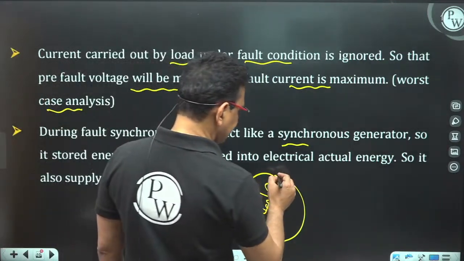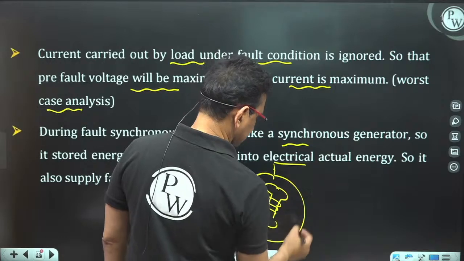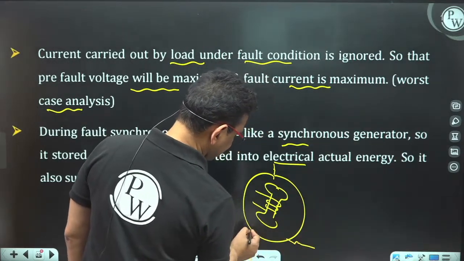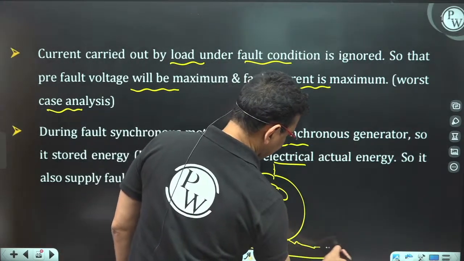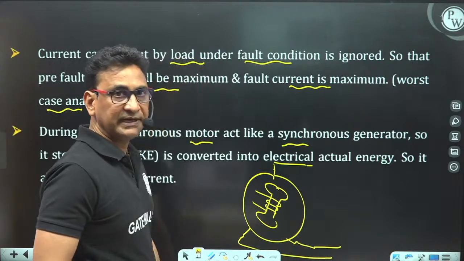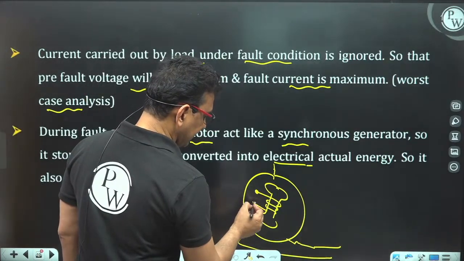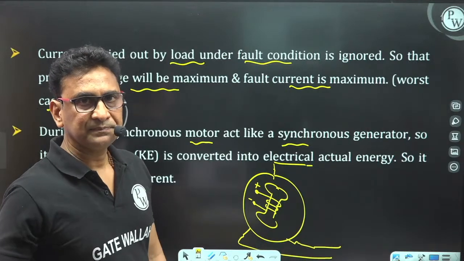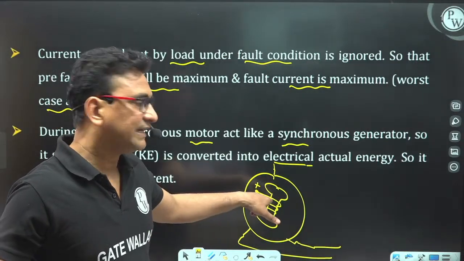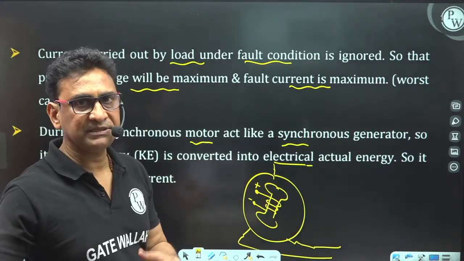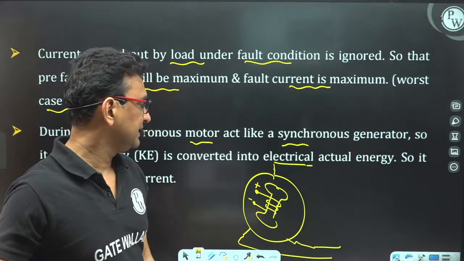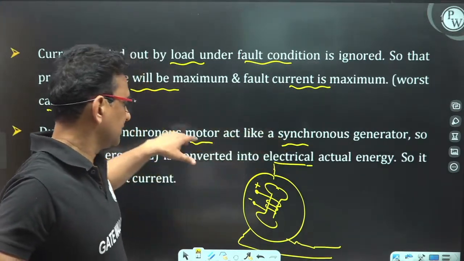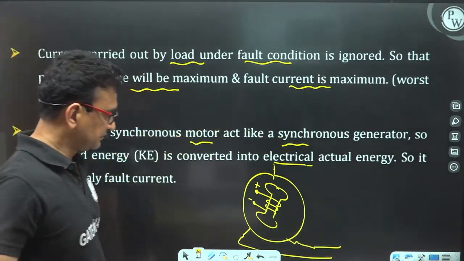And this is my stator, which has the three phase winding. We excite its field winding with the DC supply, which creates the magnetic field. In case of a motor, what will happen?